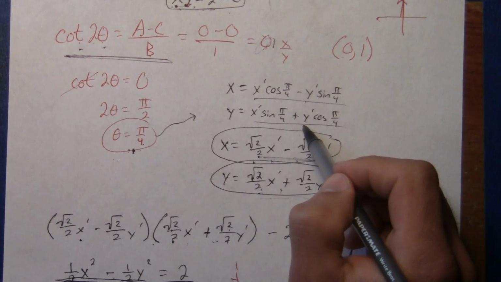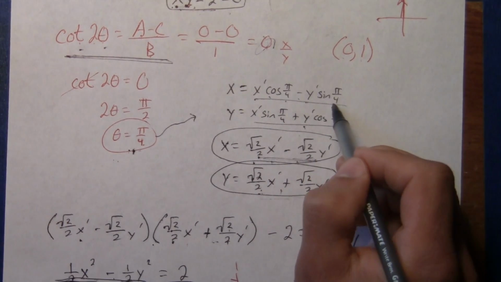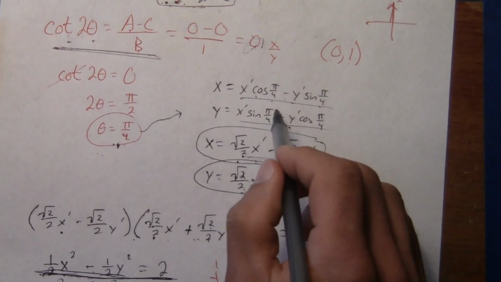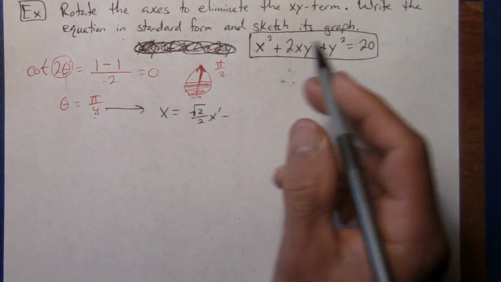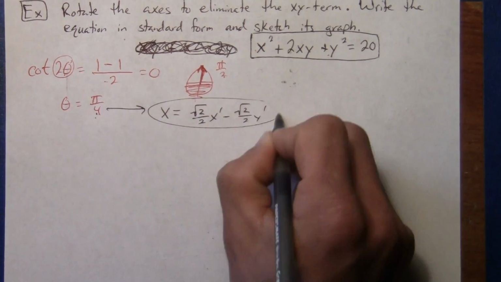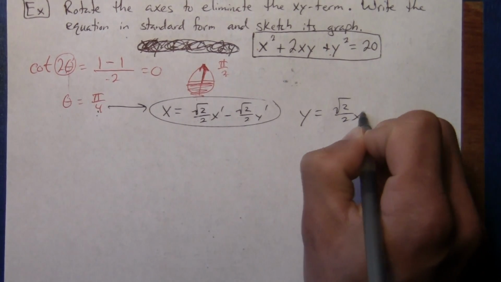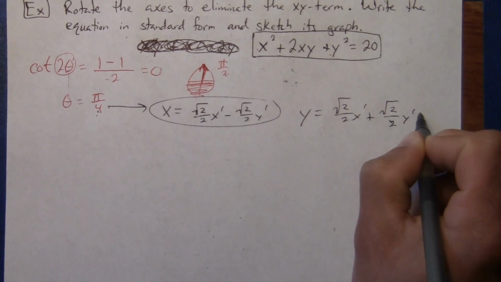Once you've got that down in terms of cosine of the angle minus y prime sine of the angle, then you can maybe jump to doing this, but I would say get in the habit of doing this all the time. It'll be helpful for you, especially when you get something that's not pi over 4. All right, minus square root of 2 over 2 y prime. There's the x substitution. The y substitution is the square root of 2 over 2 x prime plus the square root of 2 over 2 y prime.